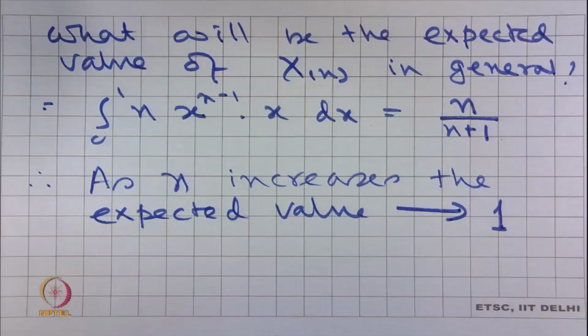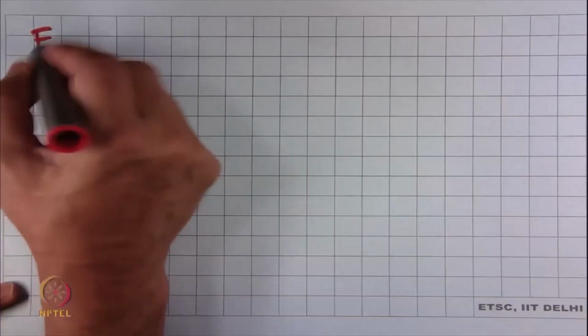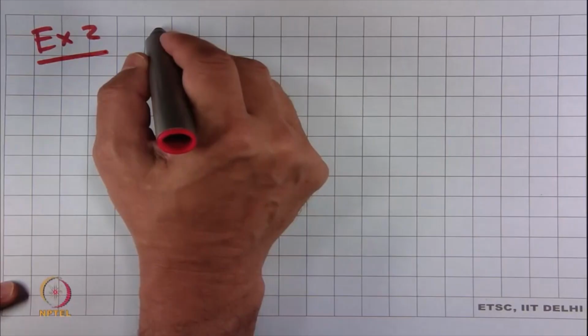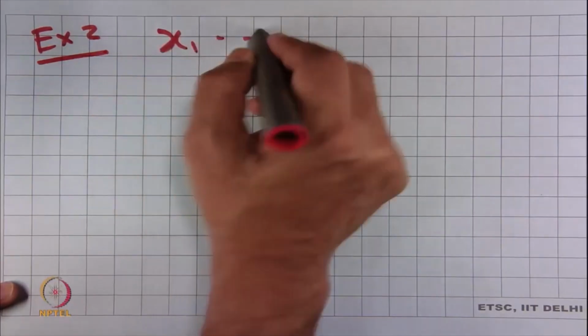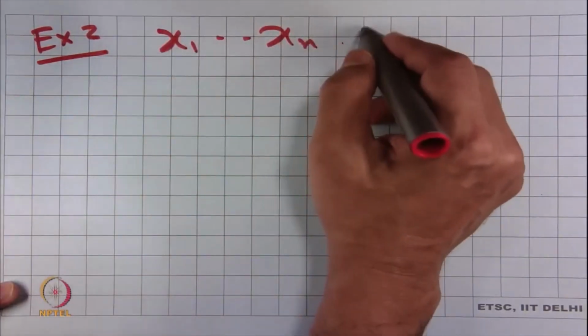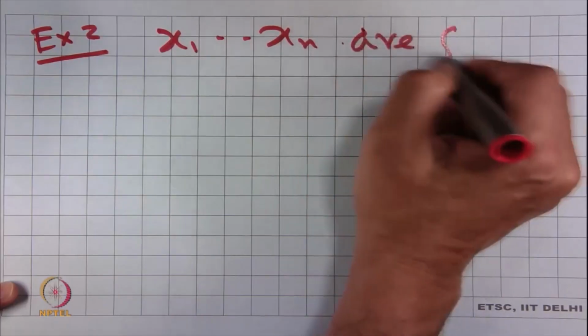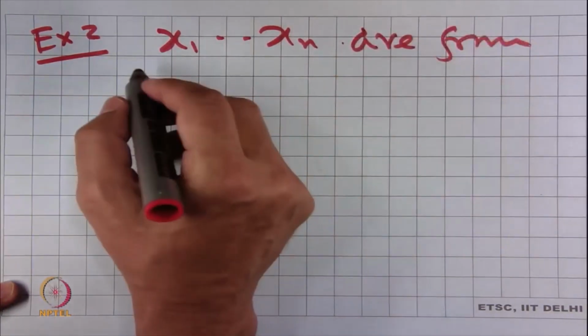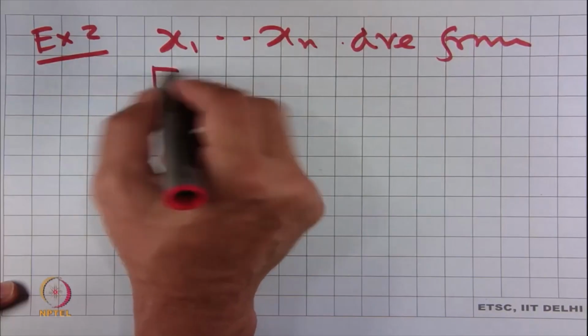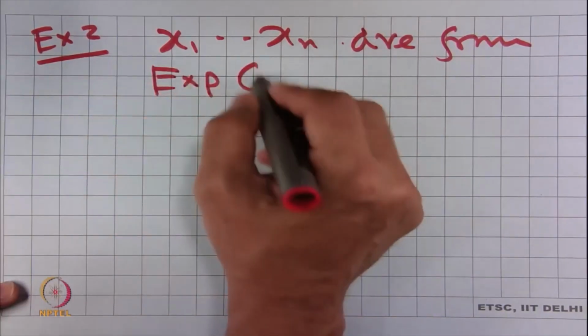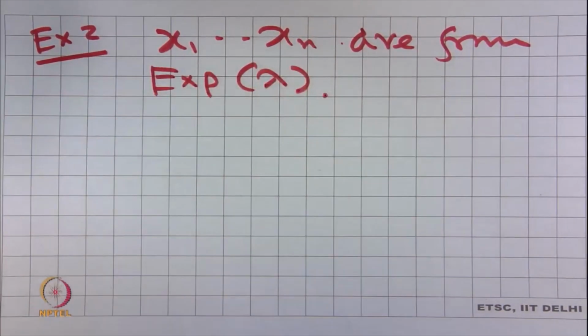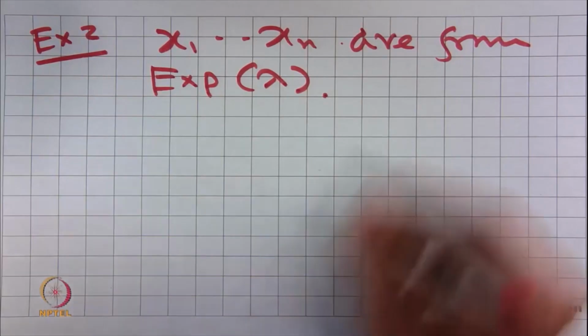Another example: X1, X2, ..., Xn are from exponential with lambda. Obviously, they are independent.